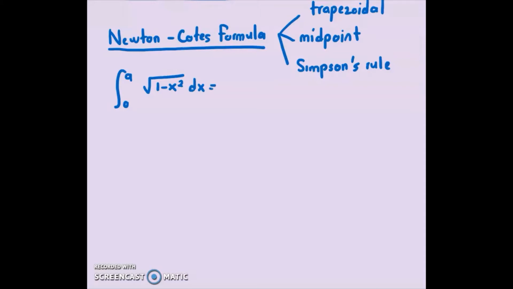Now, this can be solved, but it will be a bit complicated. I'm not going to show you how to solve this at the moment. Your analytic solution will involve arcsine of a plus a times the square root of 1 minus a squared.